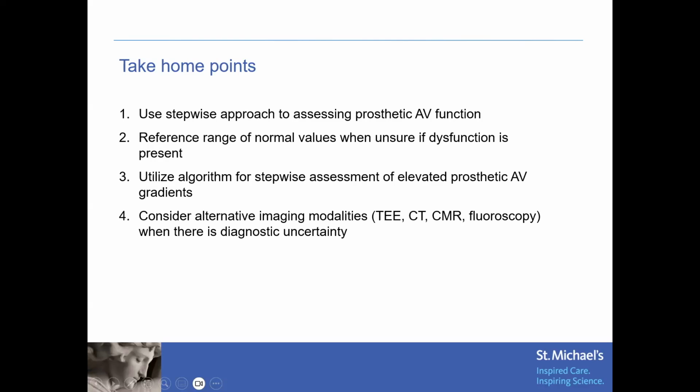And anytime there's a discrepancy between the way the valve looks on transthoracic echo and the gradients you're observing, look at other forms of imaging. TEE could be a very good next step. CT or CMR, particularly when you're looking for pannus or thrombus. Fluoroscopy, if you're worried about occluder motion and not able to see the occluder well. So anytime there's diagnostic uncertainty, refer to other forms of imaging.